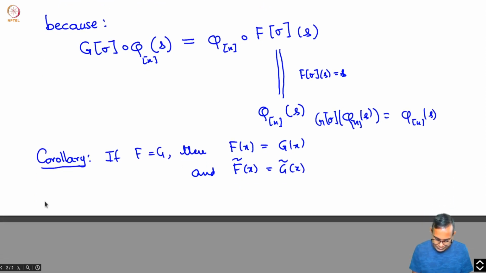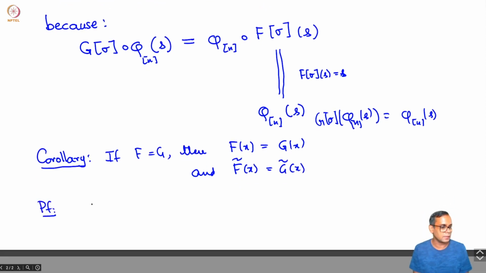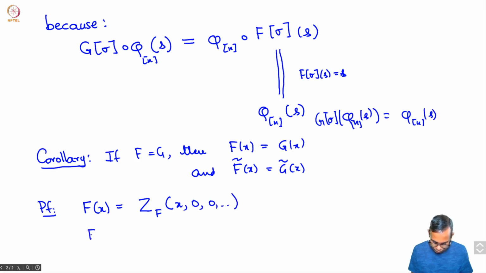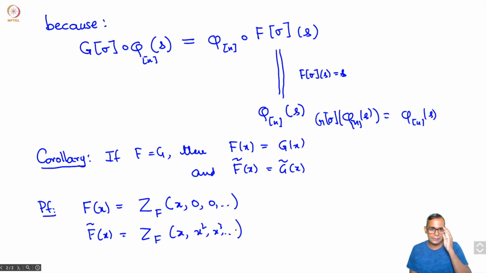And this of course is obvious because we know how to compute F and G in terms of the cycle index generating series. So F of x is ZF x comma 0 comma 0 and F tilde x is ZF x comma x squared comma x cubed. So if the cycle index generating series are the same, then of course also the generating series and the type generating series will be the same.